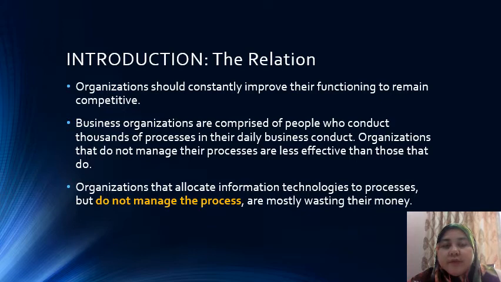So we have to understand and identify the as-is processes, and from those as-is processes we identify what processes can be automated and which tasks we won't automate in the information system. Okay, so the reason we learn this is that organizations should improve their services and functions in order to remain competitive and effective.